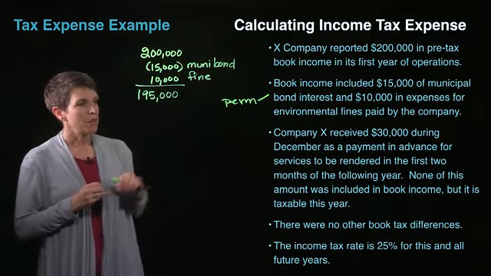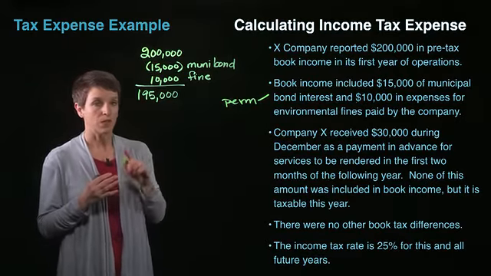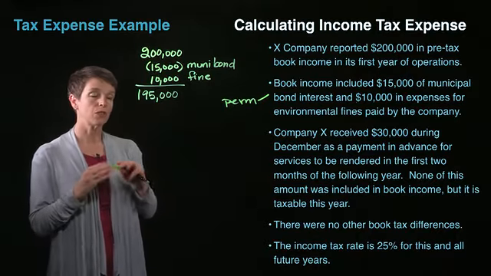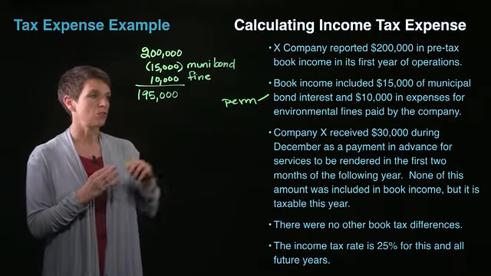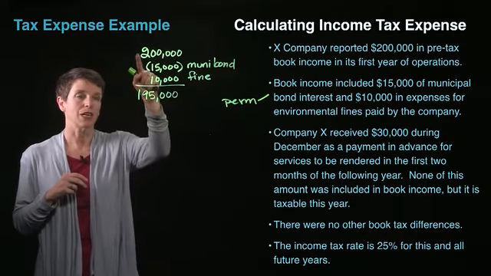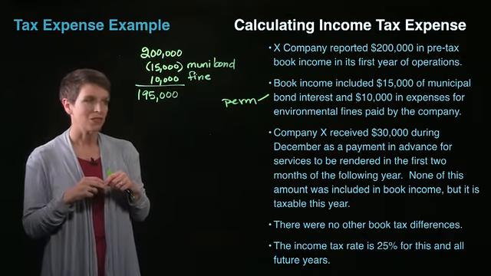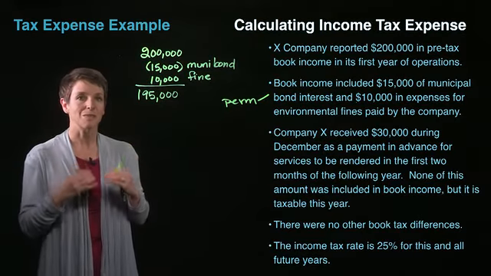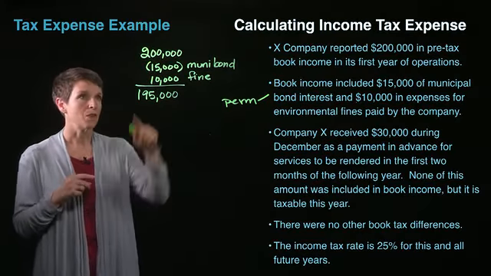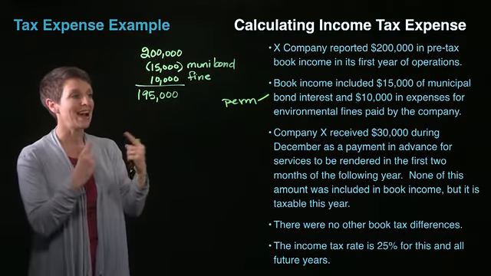Now we can see that Company X received $30,000 during December of this year as a payment for services that will be rendered in the next 2 months. None of that amount gets included in book income because we haven't earned it yet. But for tax purposes, we will have to pay tax immediately. So because it's not included in our number here, we're going to need to add it in.